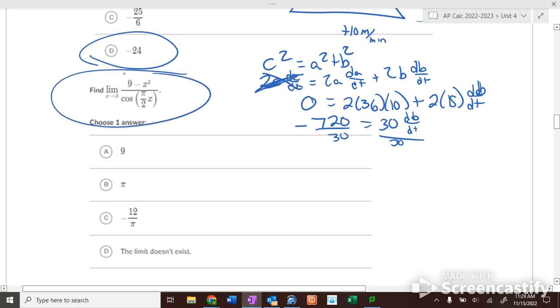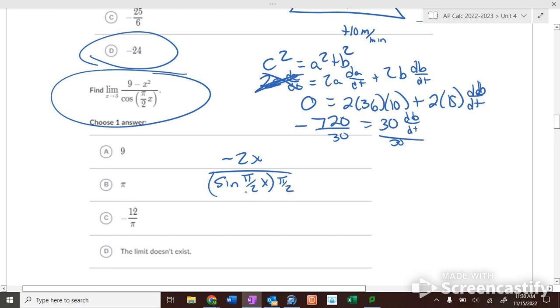What does this look like? What rule? You have to go to the hospital, right? L'Hôpital's rule? Right. So you take the first derivative of the top and the first derivative of the bottom. The first derivative of the top would be negative 2x. The first derivative of the bottom would be the sine of pi over 2 x times pi over 2.